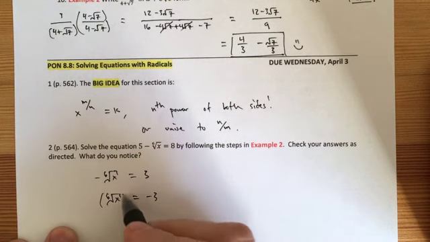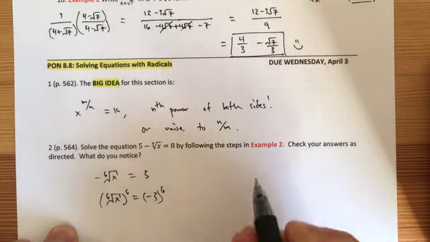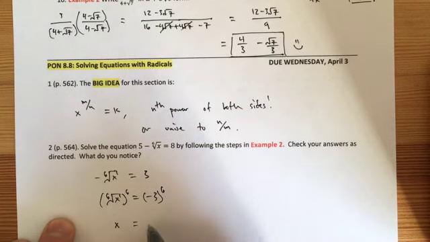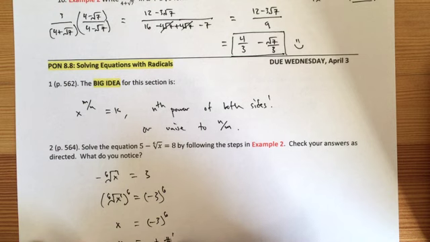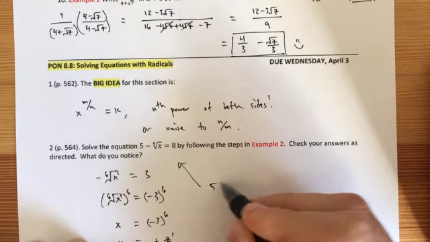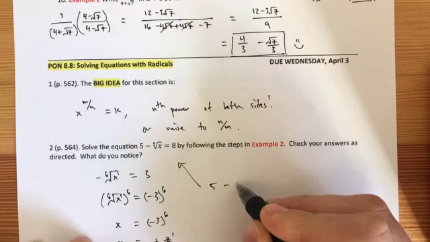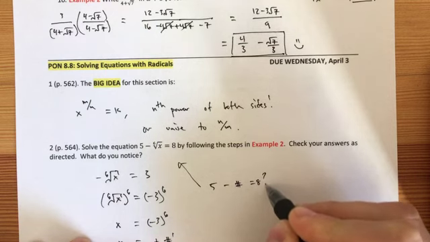But if I do it algebraically and raise both sides to the sixth power, I get x equals negative 3 to the sixth power. So x equals, and now I am going to check this because I don't know what this number is. They don't give it to me, but whatever negative 3 to the sixth power is, this is some positive number. And if I go back here and think, 5 minus some positive number equals 8?